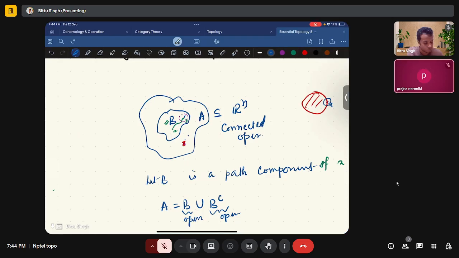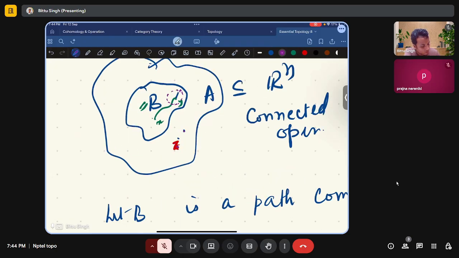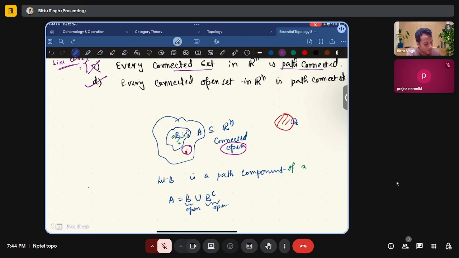Yes, sir. So for the property that every point has a neighborhood containing some disk, we need that set A is open. This is needed because of this fact, and we are using nothing but the convexity of the open neighborhood.